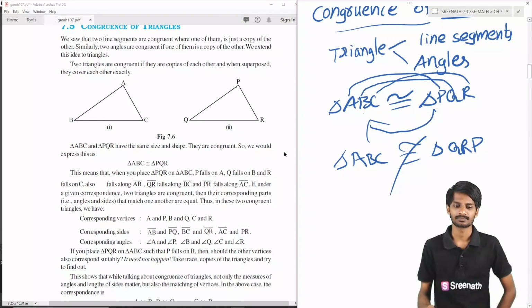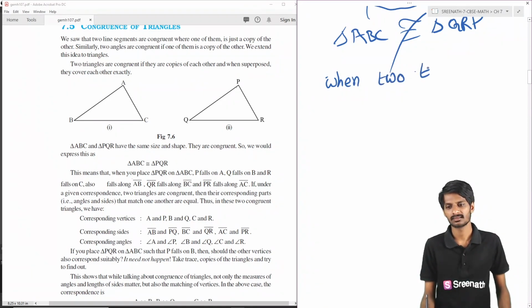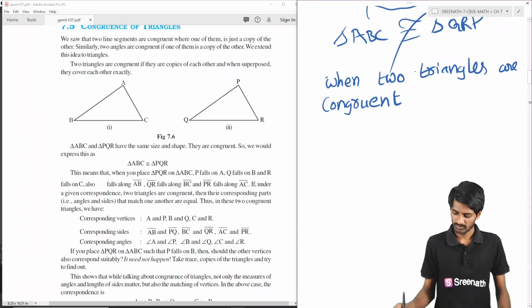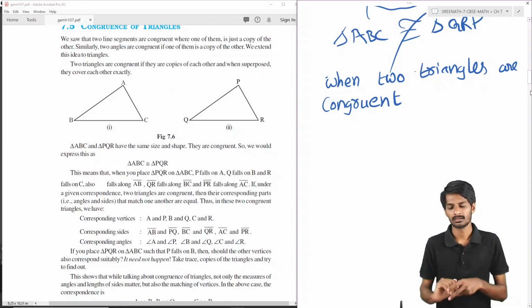So finally, when two triangles are congruent, students, what happens?